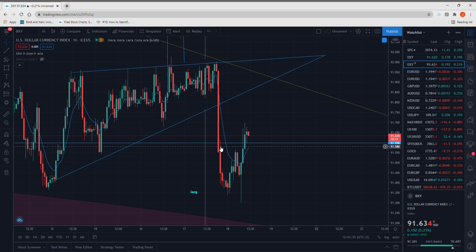We can see this nice accumulation phase to the upside, failing to break the resistance, and then boom, FOMC hit, the statement came out, the dollar weakened, came back to test this lower support candle here.